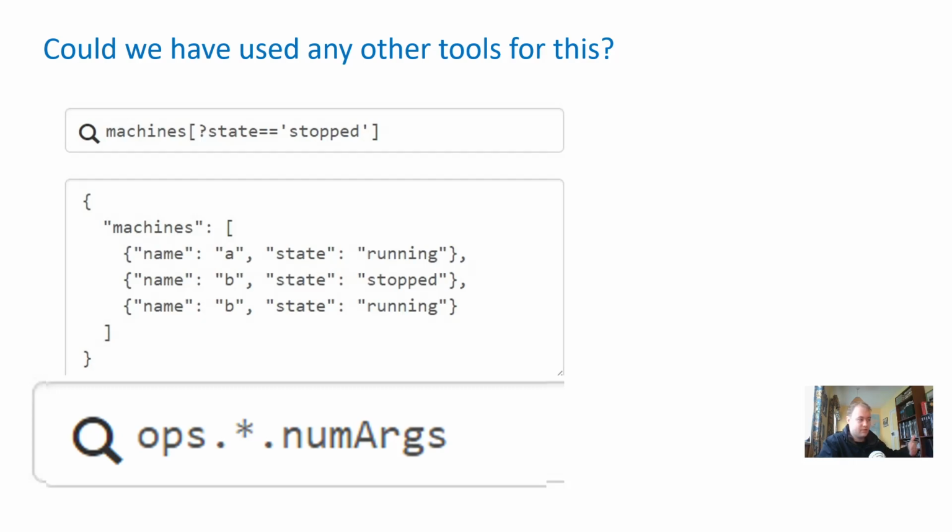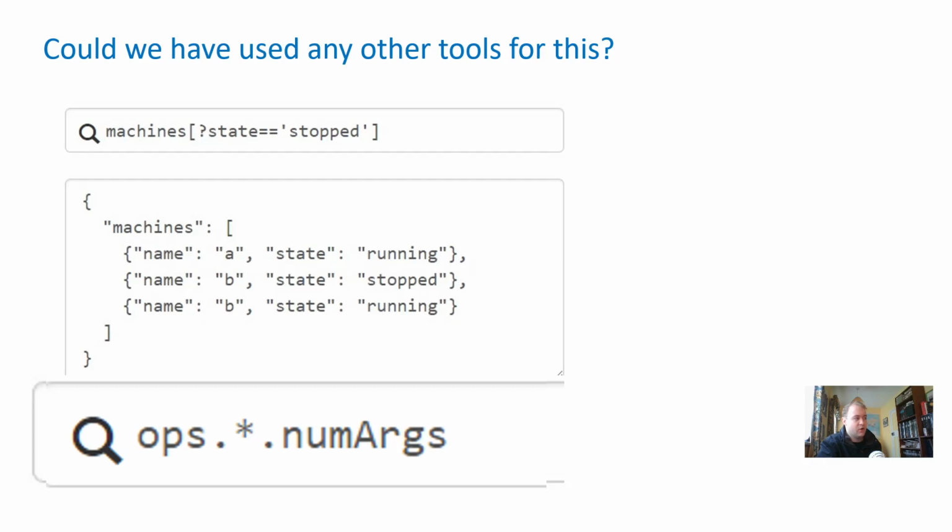Obviously we'd change numargs to, well, what would we change it to? Name, state. But my point is, would that general structure be useful here? We could do machines dot asterisk dot. No, well, we couldn't. Why? Because machines is an array. The value of machines is an array, and so this object projection is not appropriate here.